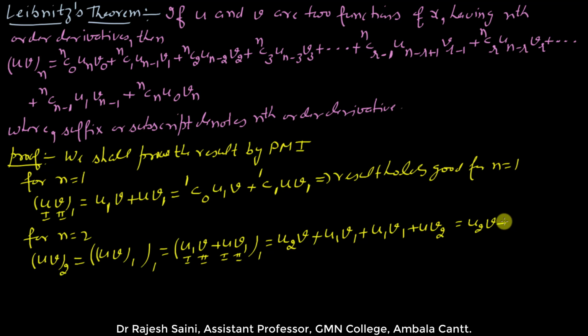This will form u_2 v plus 2 u_1 v_1 plus u v_2, and here zero order derivative is v itself. So here if we write v_0 it would be right, and here if we write u_0 it would also be right.